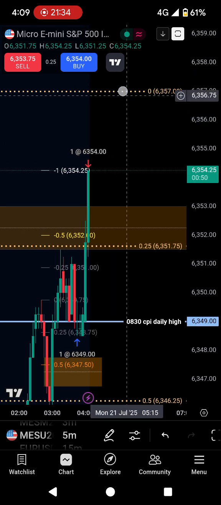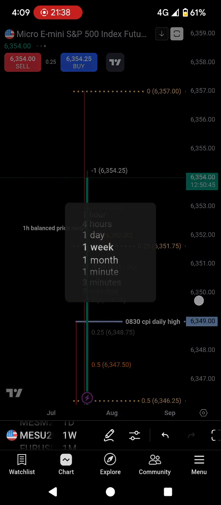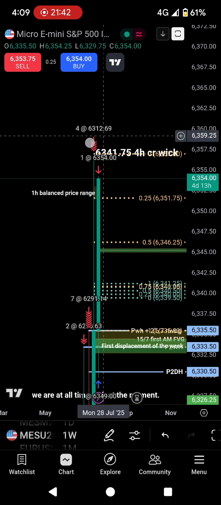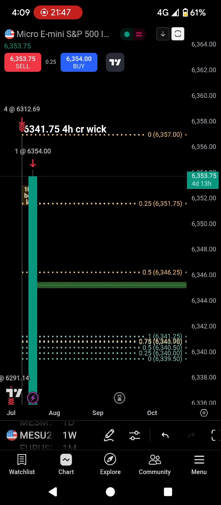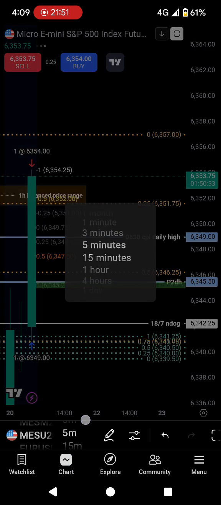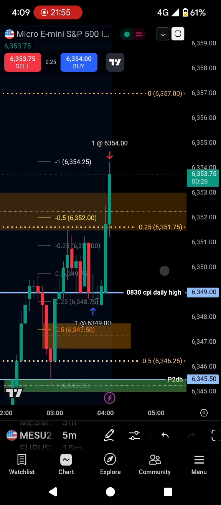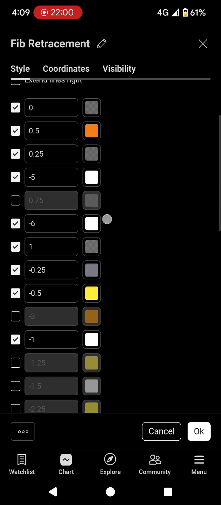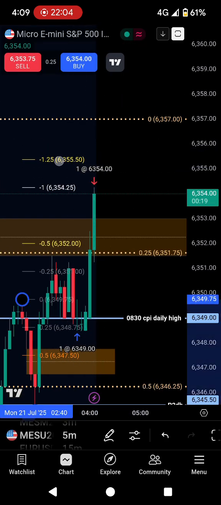Next is this week high, okay? If I go here, you can see next will be the previous week high right here. So the previous week high is the next draw. So right now, if I'm still in the trade, let's pull out the negative 1.25 level. Okay, so negative 1.25 level is here.